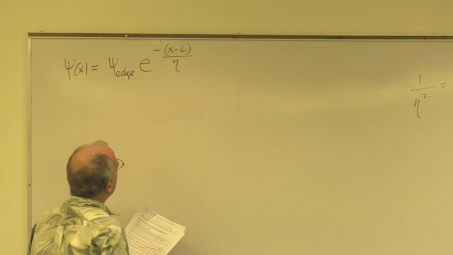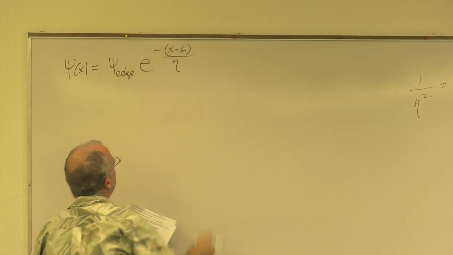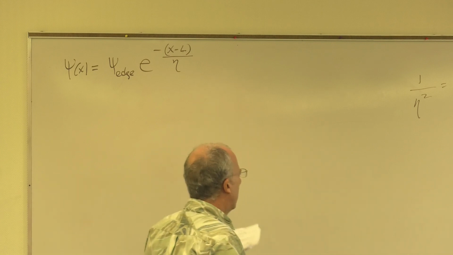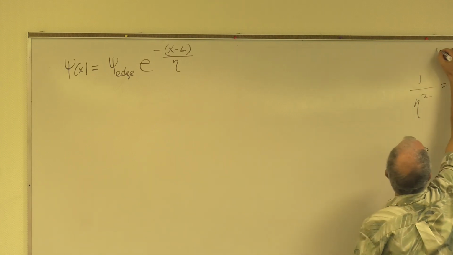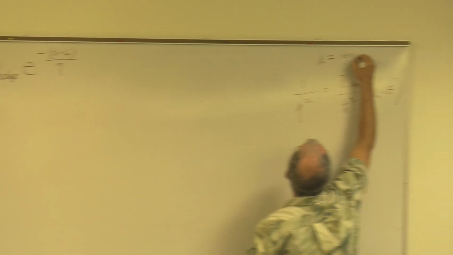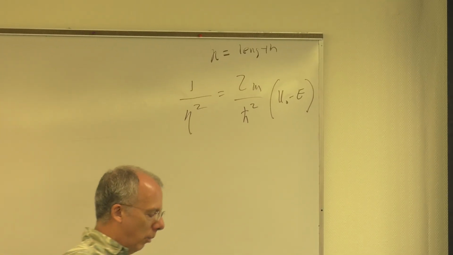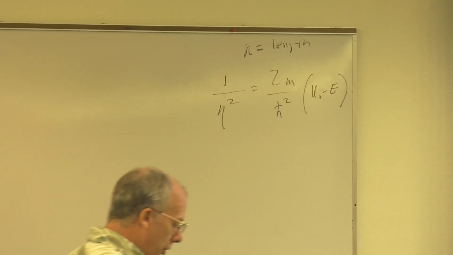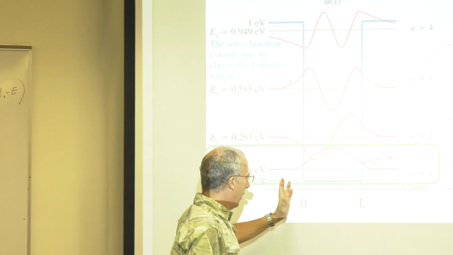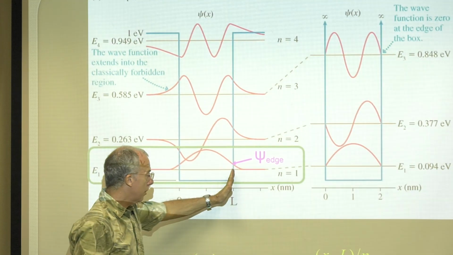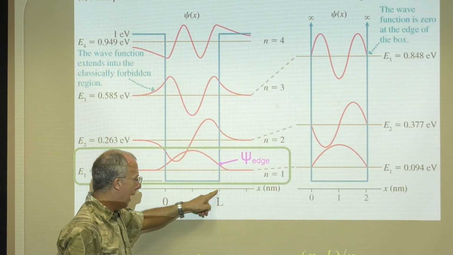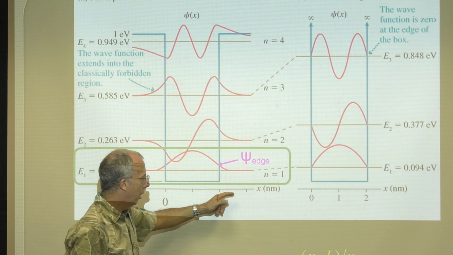All right, so now we want to discover what's so phenomenal about eta. Eta is a length. Well, what kind of length? Here's x equals 0, x equals L. We want to look over here, and we want to put x equals L plus eta.